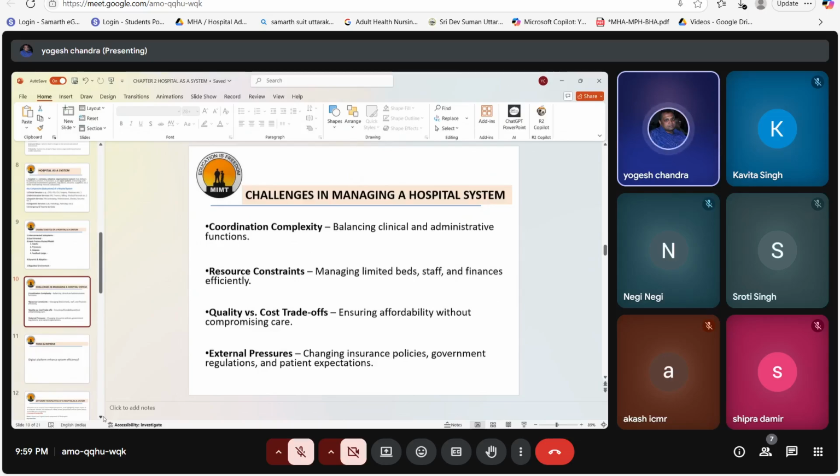As a hospital administrator, you should also manage this thing. Why? Because that kind of person unnecessarily occupies the time of your valuable and very important specialist or super specialist for just a cough. So as an administrator, you have to think about how you can streamline this in your hospital. Sometimes we have to create some kind of primary care doctor.